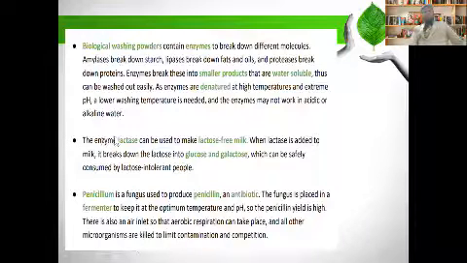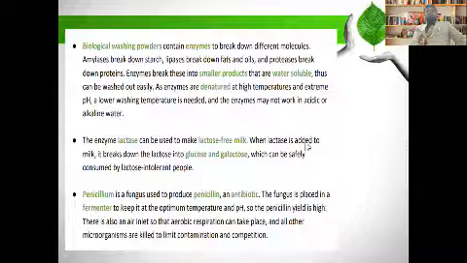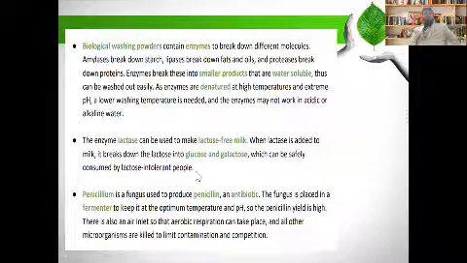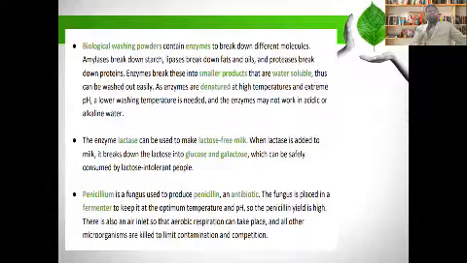The enzyme lactase can also be used to make lactose-free milk. When lactase is added to milk, it breaks down the lactose into glucose and galactose, which can be safely consumed by lactose intolerant people, because some people cannot digest the milk that contains lactose sugar.